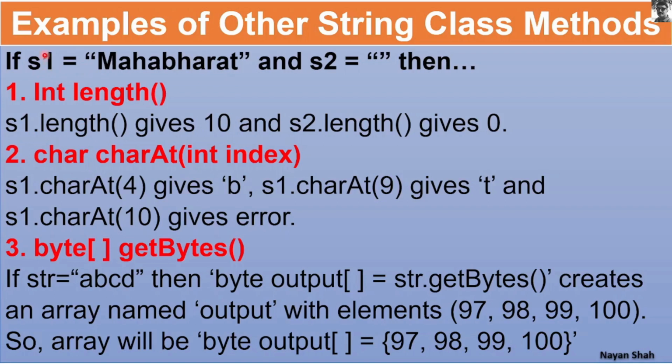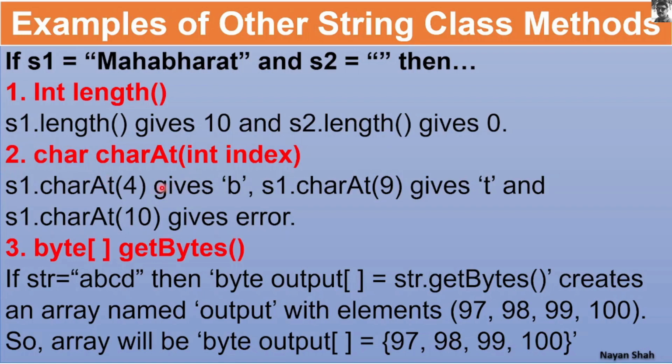Why? Because S1 contains 10 characters. If you count, it is a total of 10 characters. And if you say S2.length, it will give you 0. So that is how you can find out the total number of characters in a string using the length method.